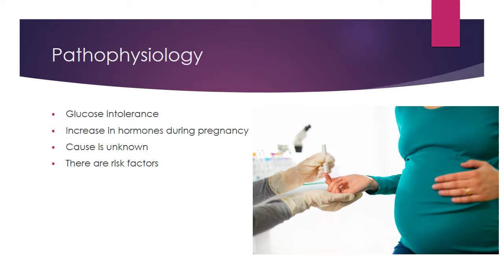Although the exact cause is unknown, there are some risk factors, such as maternal age greater than 25, maternal weight being overweight or obese category, non-Caucasian ethnicity, family history of type 2 diabetes, prediabetes, and if a woman had gestational diabetes during a previous pregnancy.